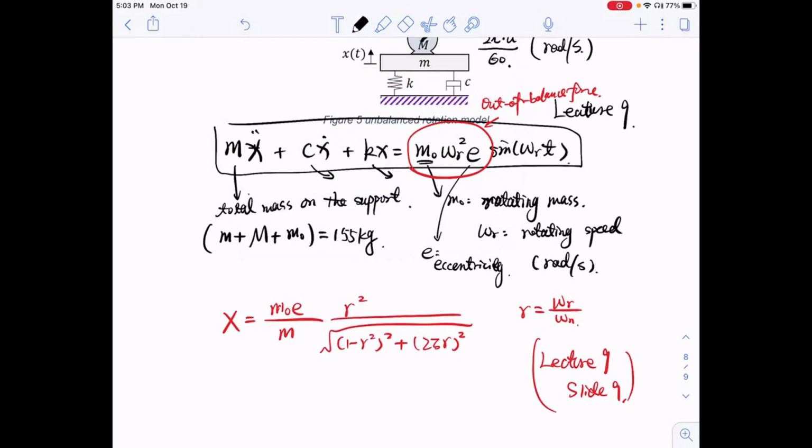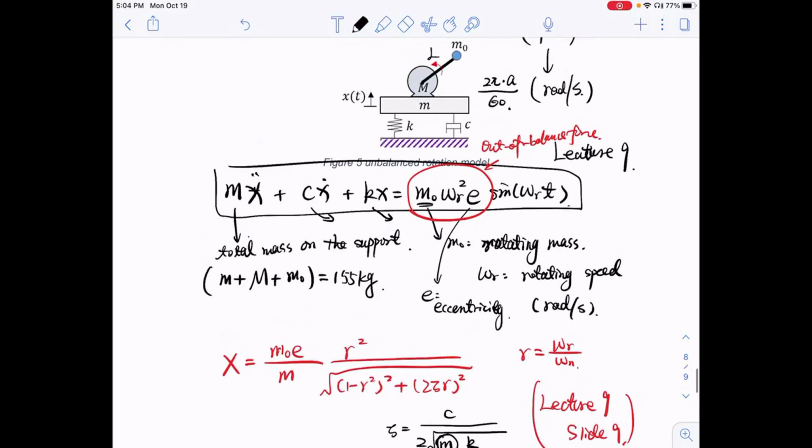But then you have to change these based on this problem. So your zeta is C over 2 square root of m k. Remember, this m is the total mass. So when you calculate your zeta, this m is actually 155 kilograms.